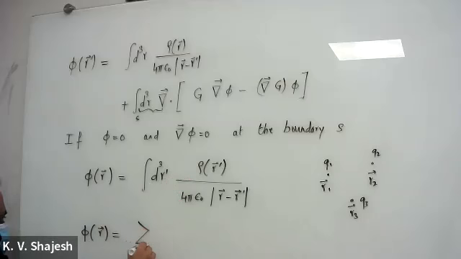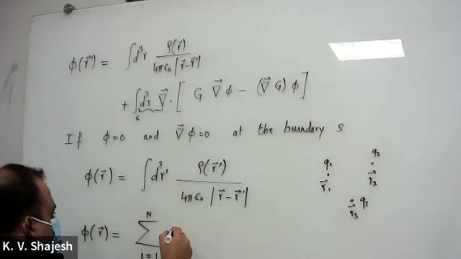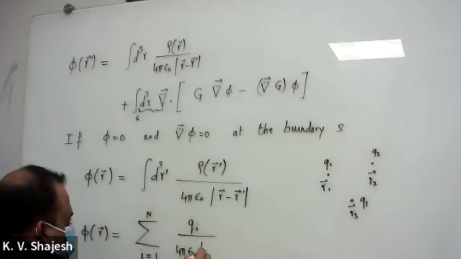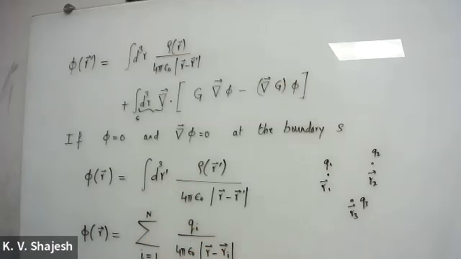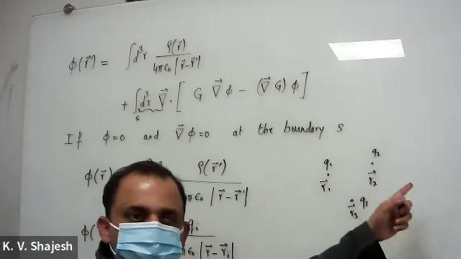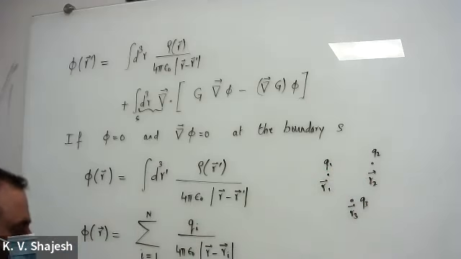So you sum over i going from 1 to n of Qi over 4 pi epsilon naught times the magnitude of R minus Ri. If it is discrete charges, that's very clear. That's the superposition principle.